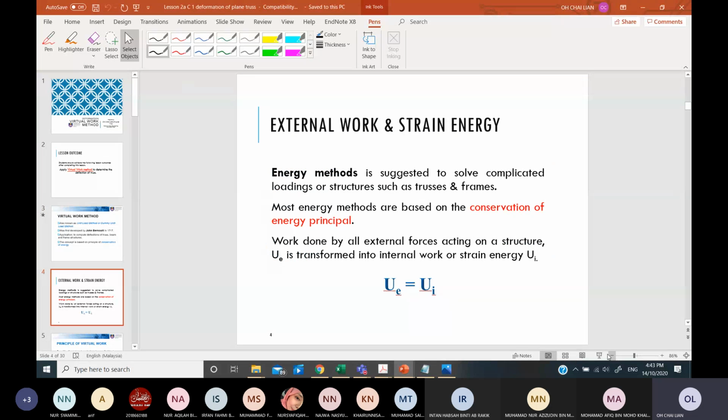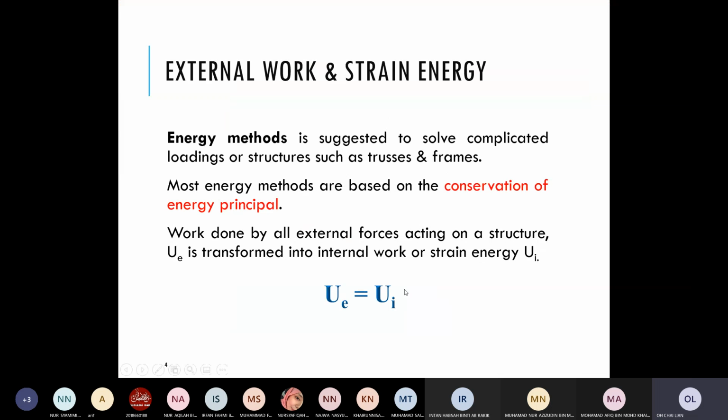Basically, just to pause these slides, this is a very useful method to solve for many deformations of the structures, and it actually uses this concept: the external work done is equal to the internal work done.